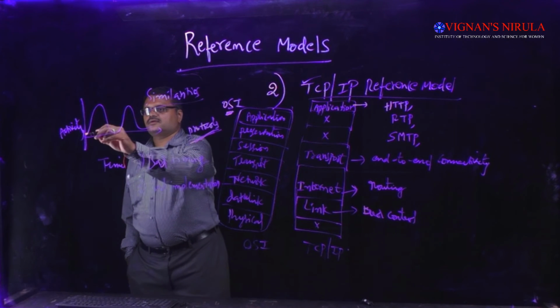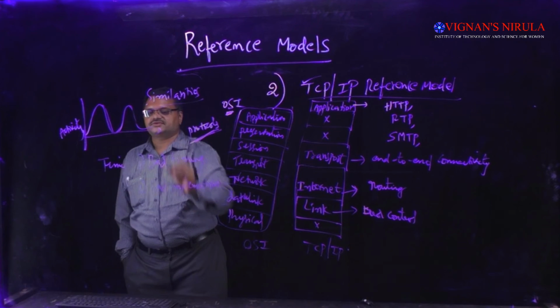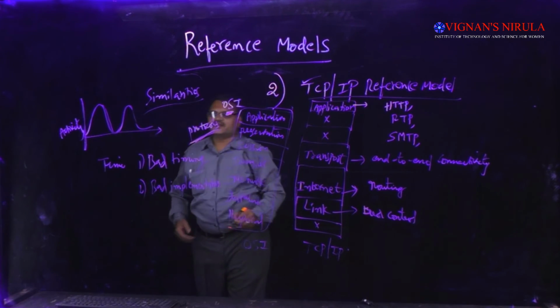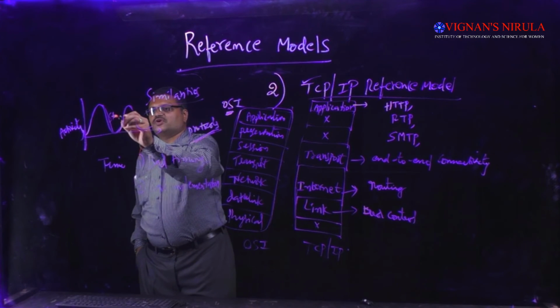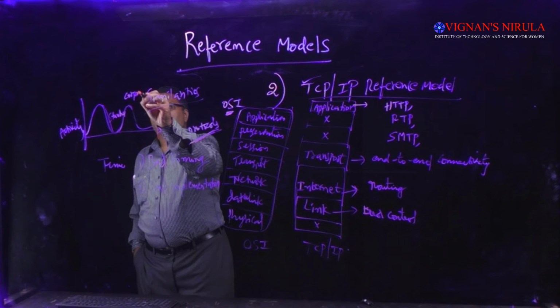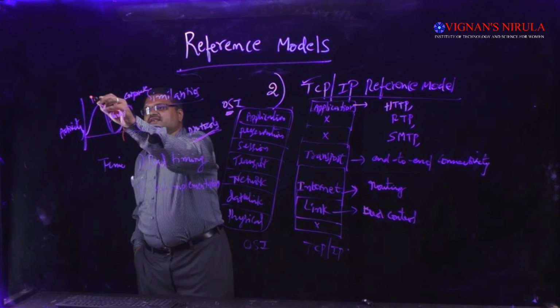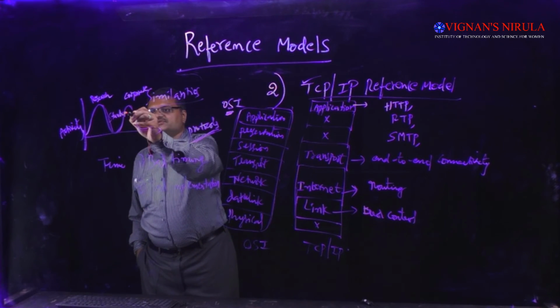Okay, so this is a diagram. From this diagram we can conclude that in between, the standards were developed. This is in corporate and this is in research. So this is the standard which developed.